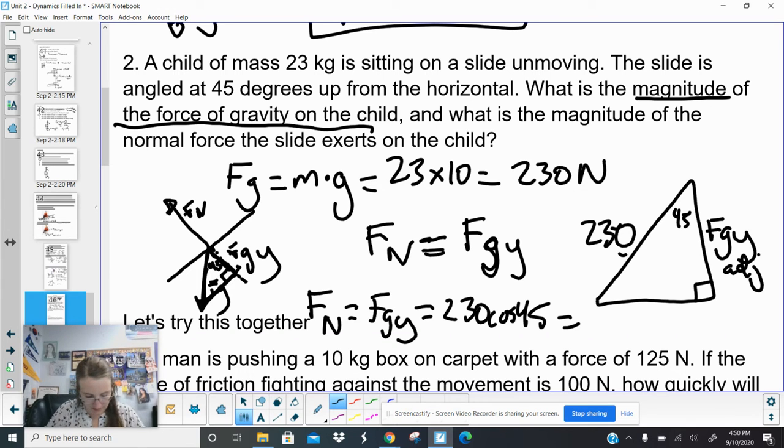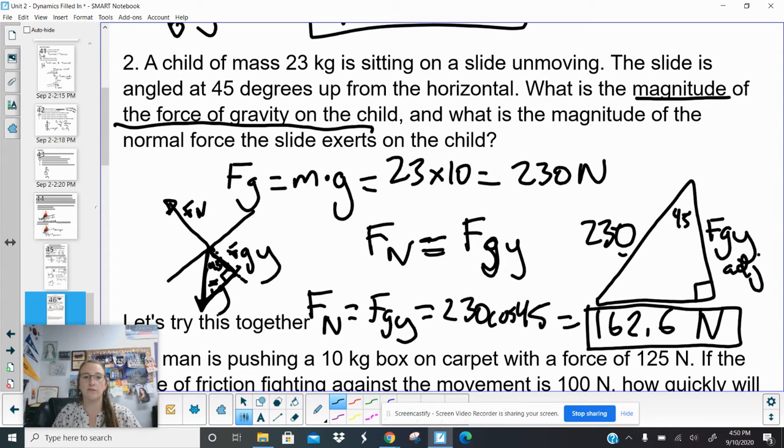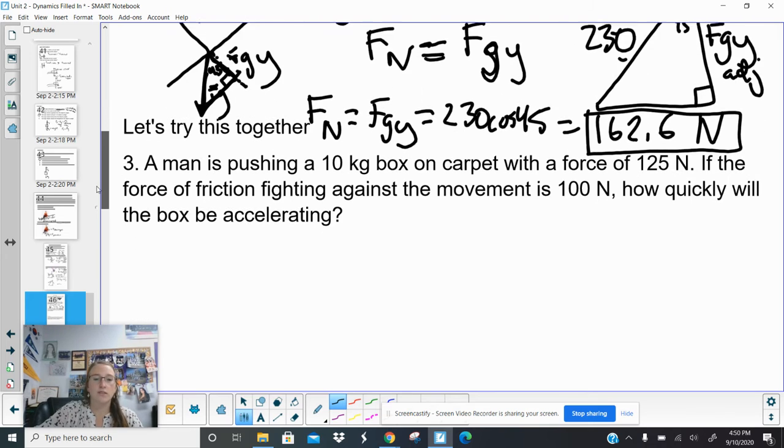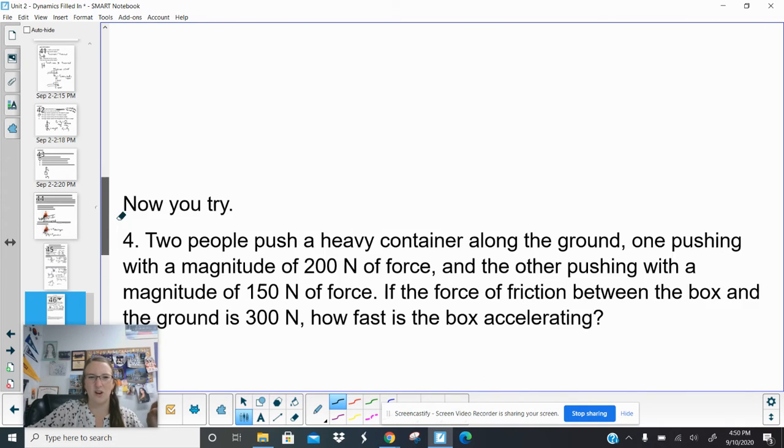What do we get for that? 230 times cosine 45 should get 162.6. When we're on an incline, the normal force is always less than the force of gravity, and we're going to talk about that later. Okay, so this one we're going to try together because this is a little bit new, but it's not going to be very tricky, and then you're going to try one more by yourself as well, I believe. I got a few more.